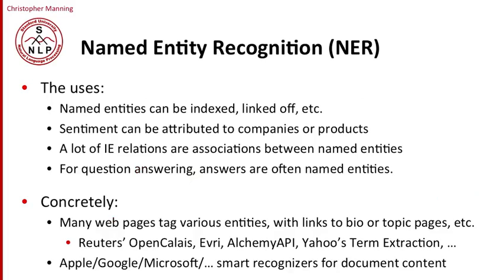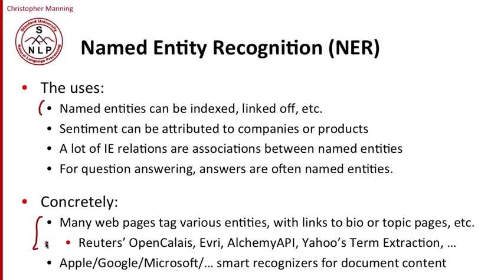Okay, so what is the use of named entity recognition systems? Well, named entities, if you identify them in a text, are something that can be indexed or linked off. So as I note down below, many companies make use of various techniques for tagging entities on web pages, and then they can provide links off of those entities to bio pages or topic pages or other things of that sort.